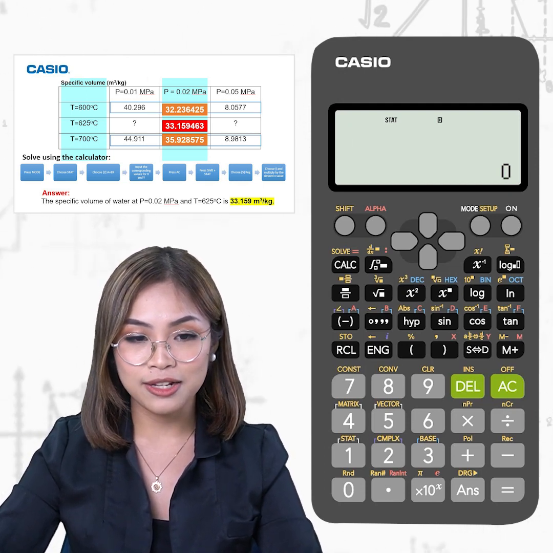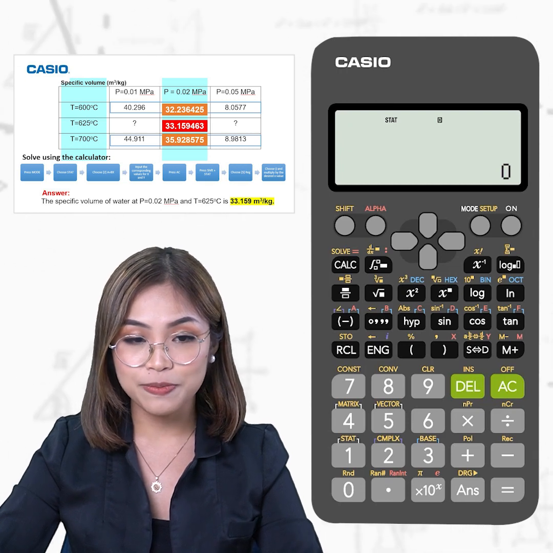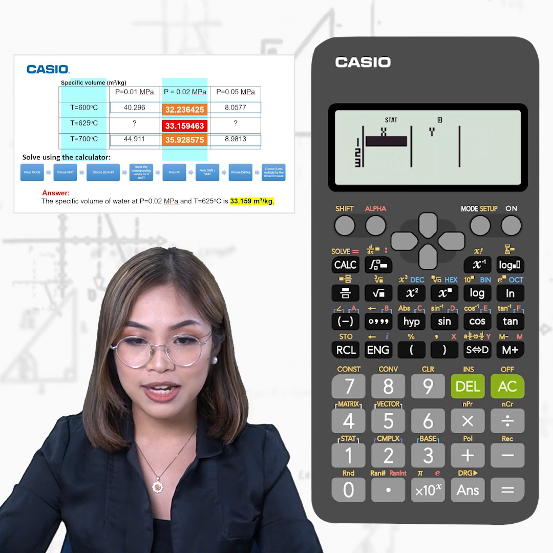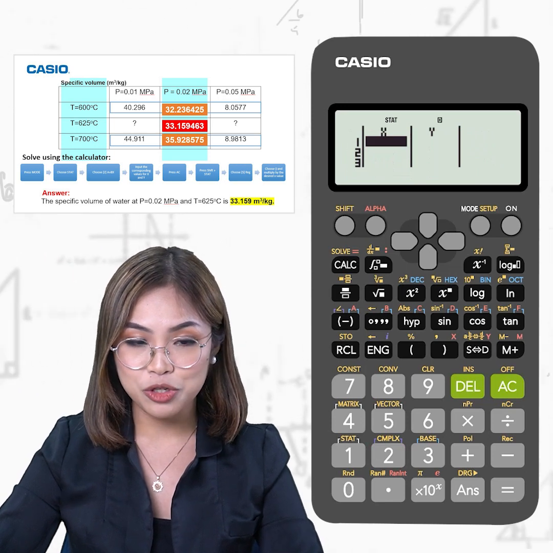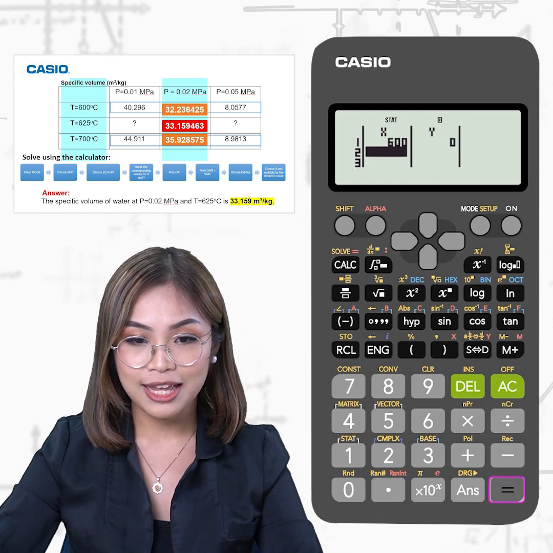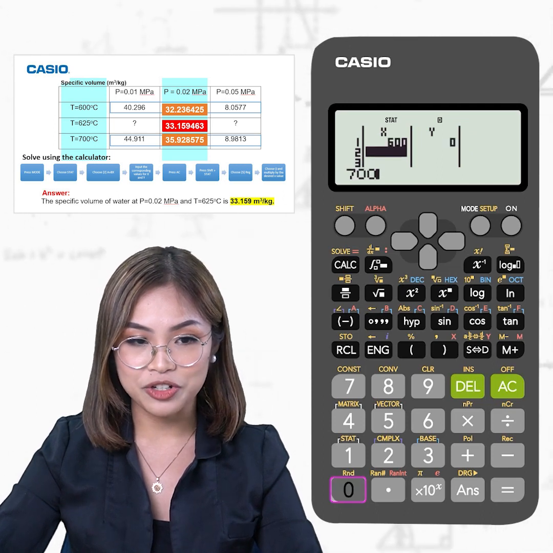So let's do that again. It's just the same process. First, press Mode, Stat, and then choose A plus BX or 2. And then input the value of temperature as the independent variable X. So that's 600 and 700.